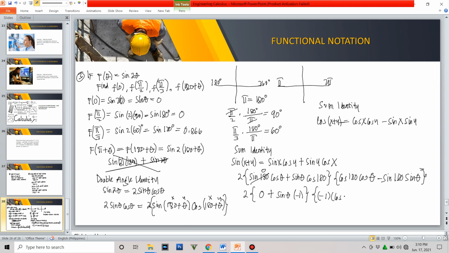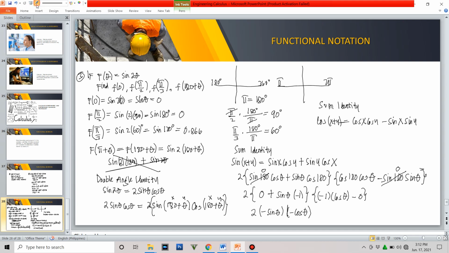Say this is cosine theta, minus all of these terms will be equal to 0 because sine of 180 is 0. So this is 0. Okay. So what is left? We have 2, negative sine of theta times negative cosine theta.